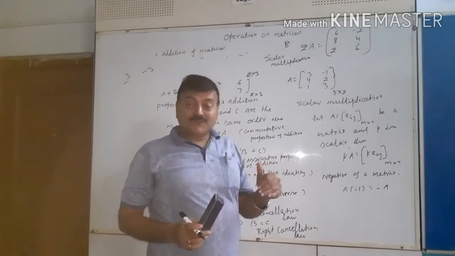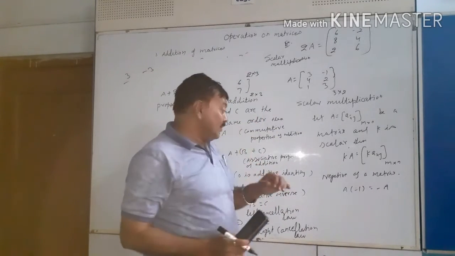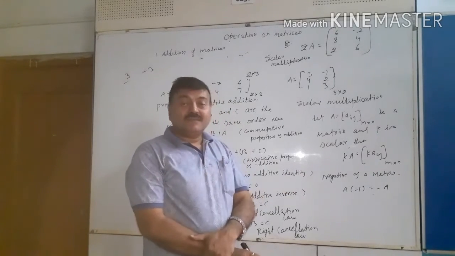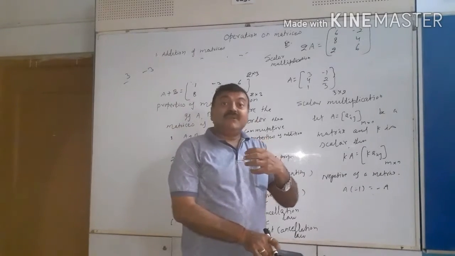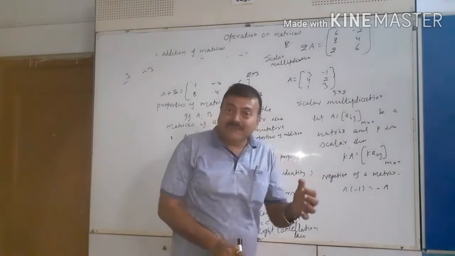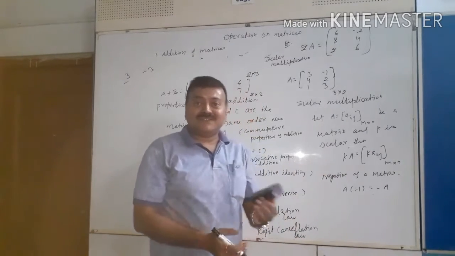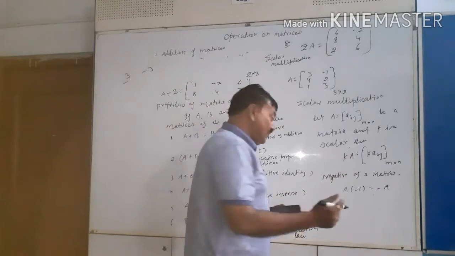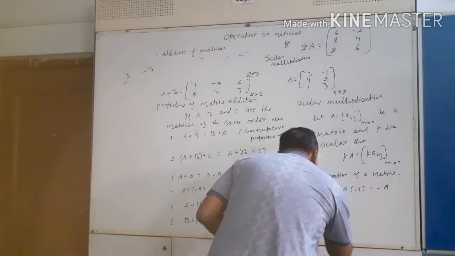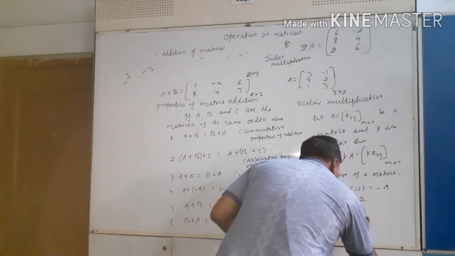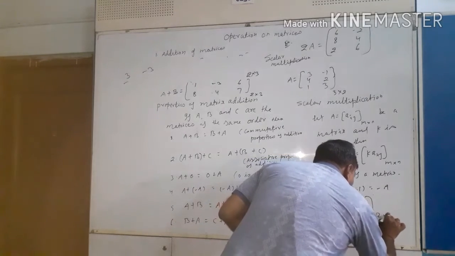Now also, one thing we have to know about is the negative of a matrix. What is the negative matrix? If any matrix is multiplied by minus 1, then the result is the negative of that matrix. For example, take 1, 2, 3, 1, a 2 by 2 matrix.